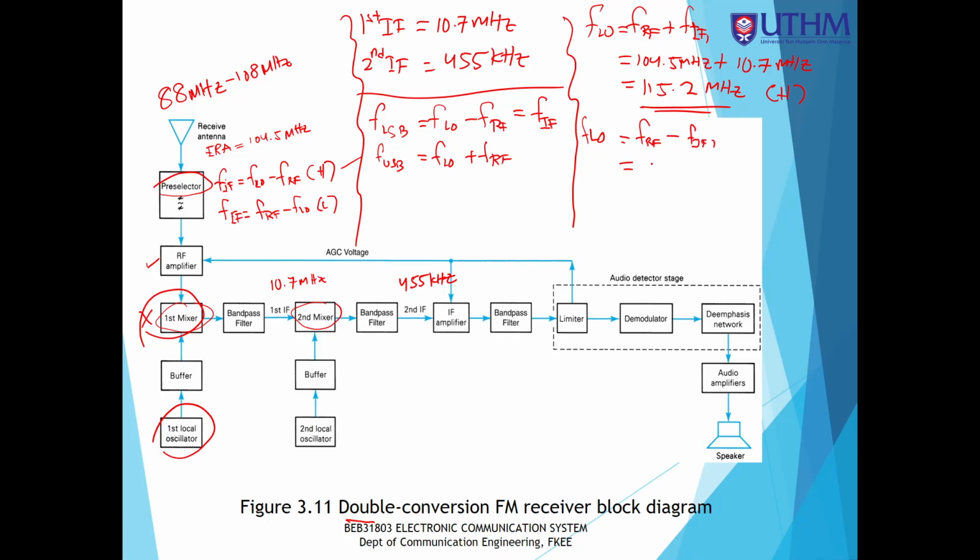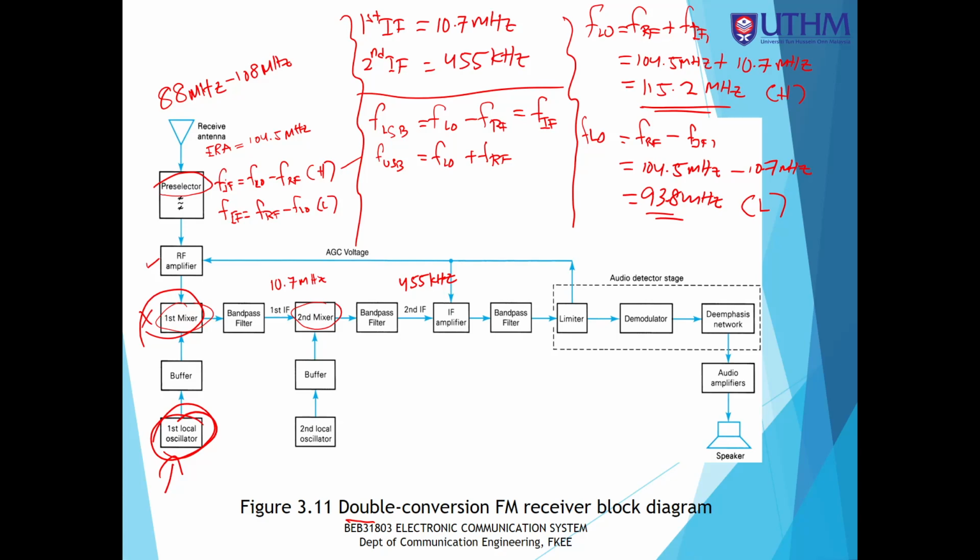That means it will be 104.5 megahertz, the channel that I want to listen to, minus 10.7 megahertz. So this becomes 93.8 megahertz. This is the first local oscillator frequency if I want to use low side injection.